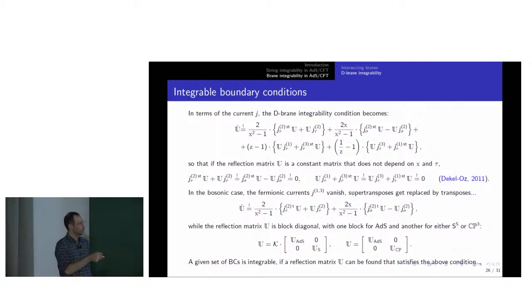So your question is why, for non-constant flux, we end up with dynamical reflection? Yeah, why taking u dot to be non-vanishing gives you a flux in the Neumann boundary conditions, basically?